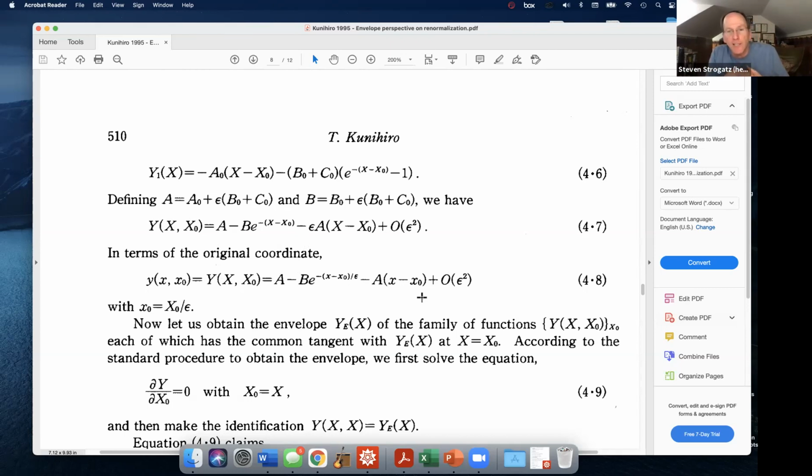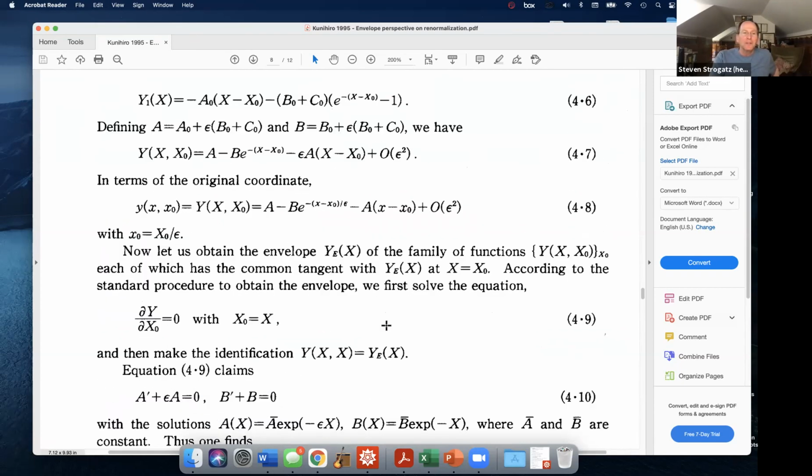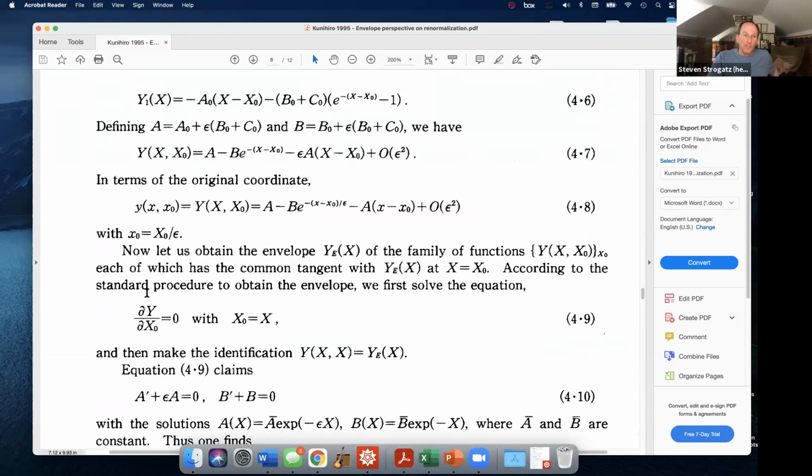But at this point, he says, now, let's obtain the envelope of these. This is a family of functions where he's thinking of the x0 as kind of like the parameter. So if he takes the envelope of all that, then he does that envelope condition, d of the function with respect to the parameter. Set that equal to 0.